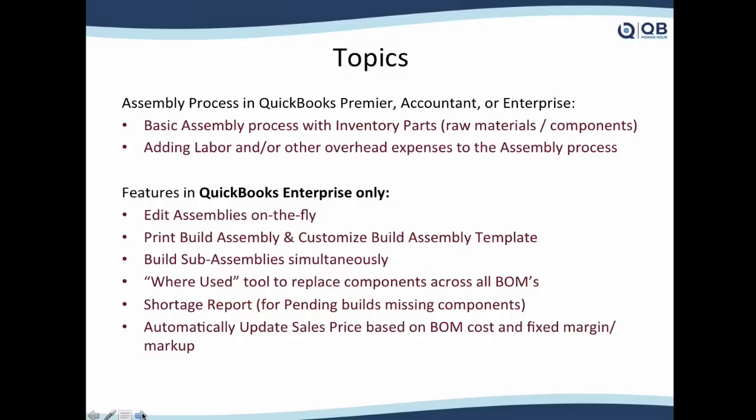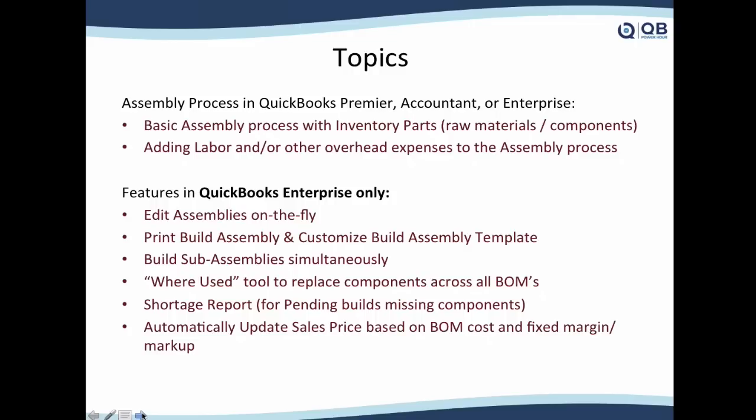Then we'll talk about adding labor or other overhead expenses to the assembly process. So typically when you do an assembly, QuickBooks is mostly concerned about the components, right? The other inventory parts, the other raw materials that are part of the value of that item. However, in some manufacturing processes, labor is a significant piece.